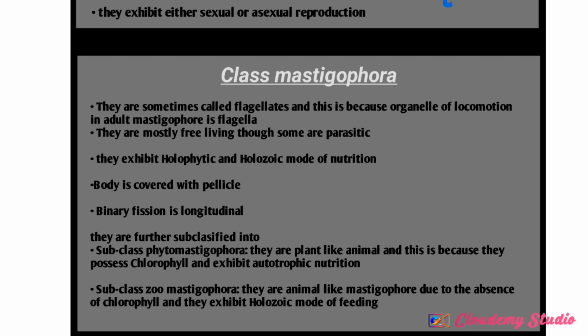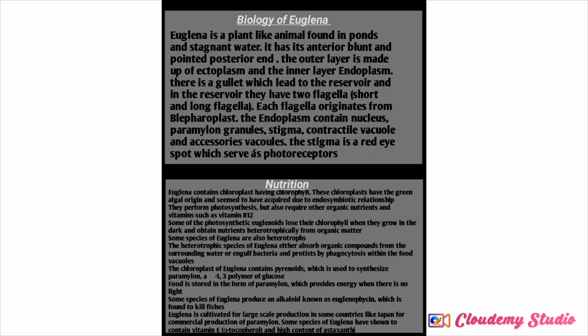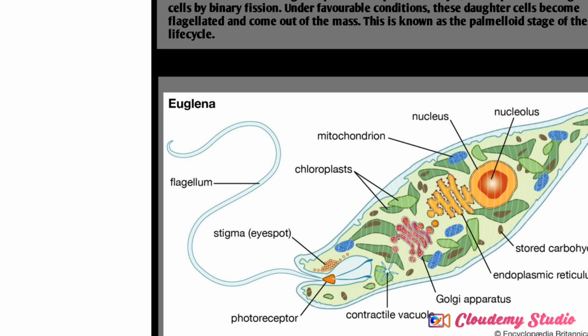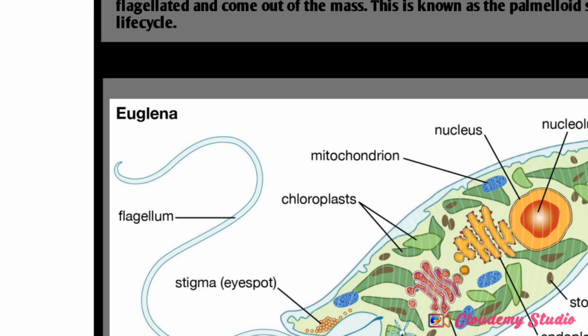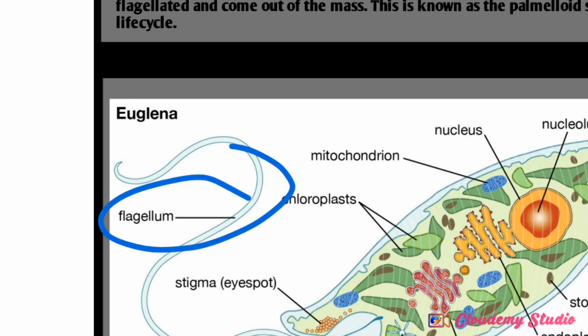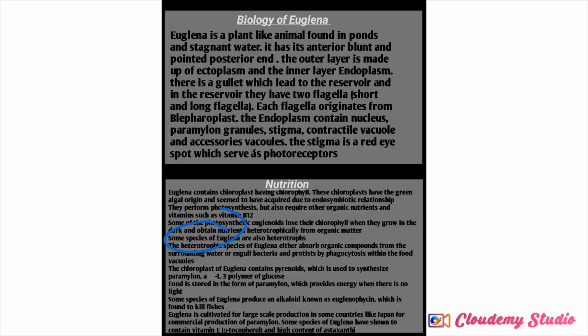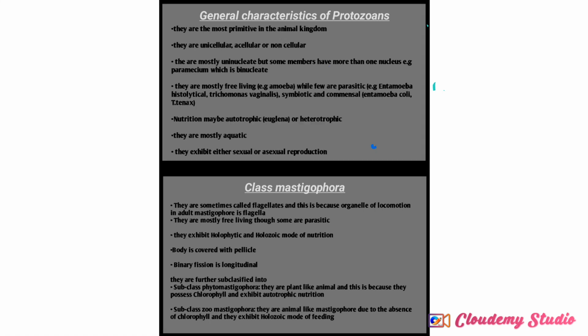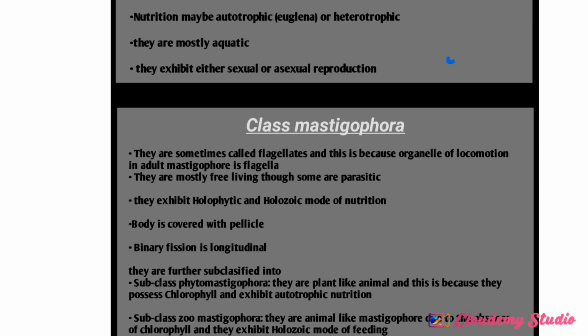Let's talk about the general characteristics of the class Mastigophora. They are sometimes called the flagellates, and this is because their organelle of locomotion in the adult mastigophoran is the flagella. They possess flagella, which I'll be showing in this. Look at this. This is their flagella. So they possess the flagella as the organelle of locomotion. Now, going back to our slide, their body is covered with pellicle, and this pellicle is what makes them assume a particular shape.